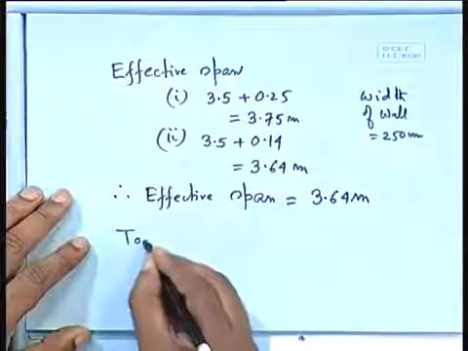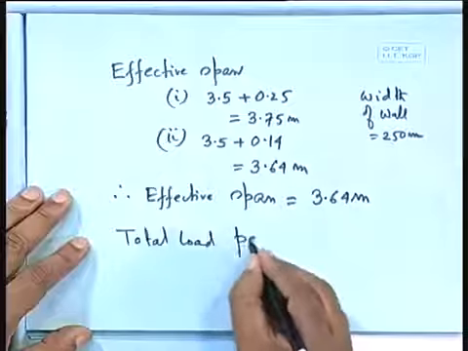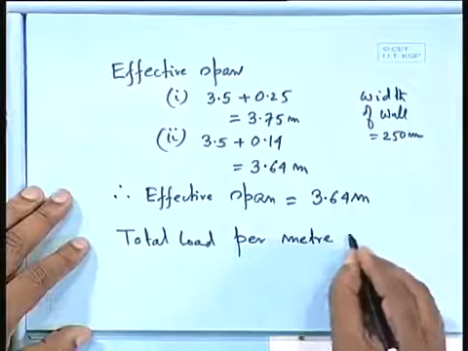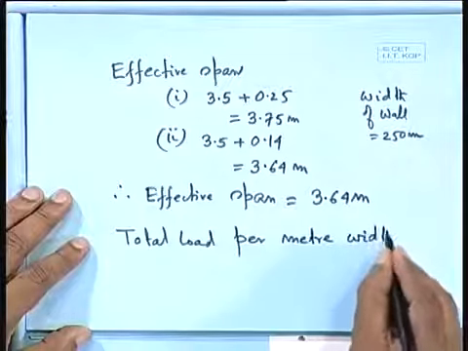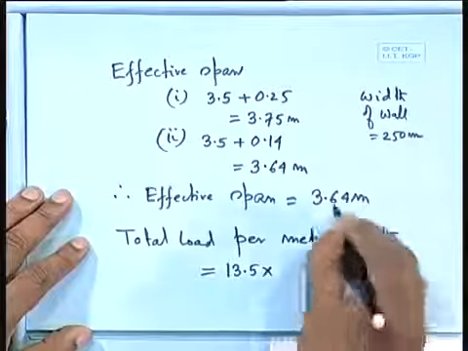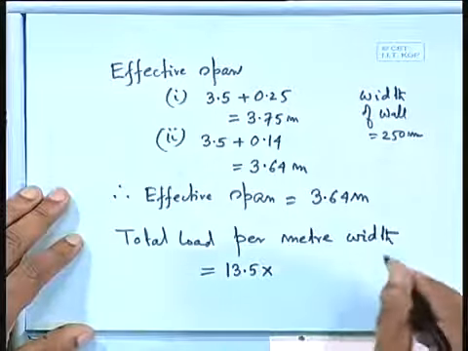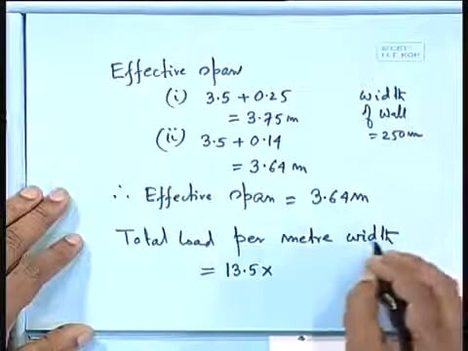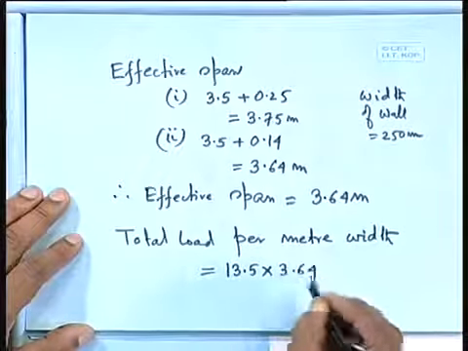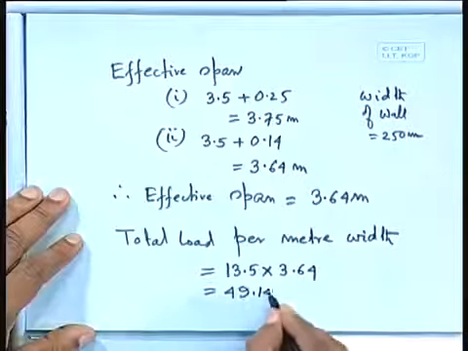Total load per meter width equals 13.5 times 3.64, which comes as 49.14 kilonewton.